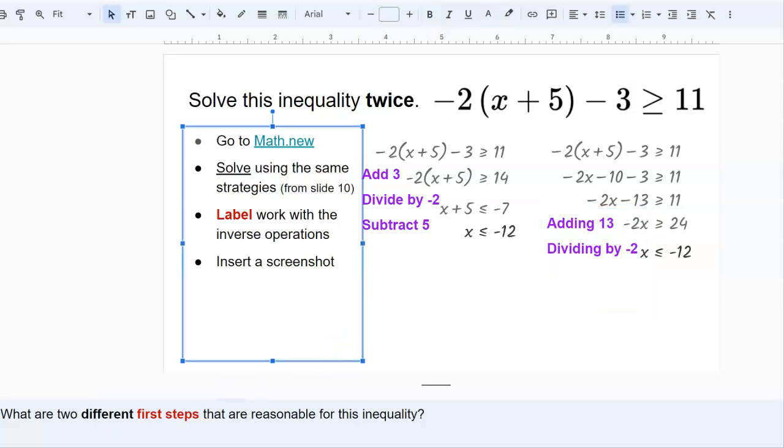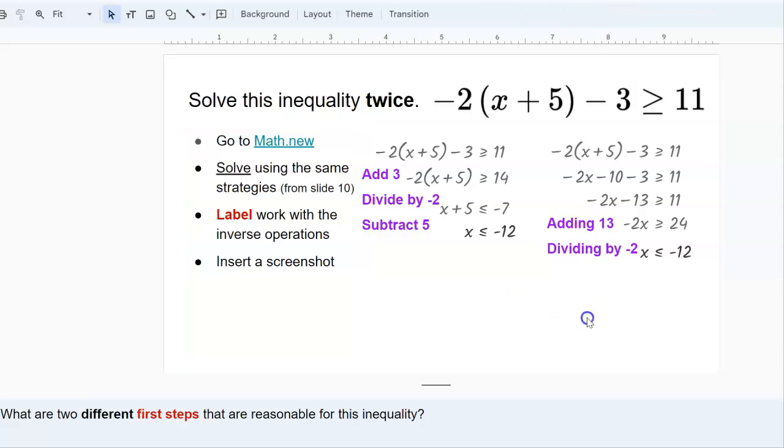All right, so the question down here is, what are different first steps and why are they both reasonable? Well, the first step on the first example here, I used addition first to isolate the -2 times the x plus 5. And then I used division to isolate the x plus 5, and then I used subtraction to isolate the x.